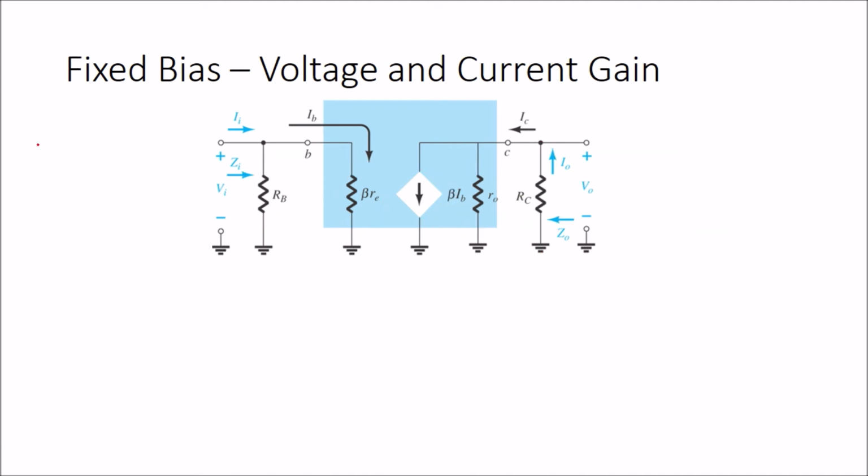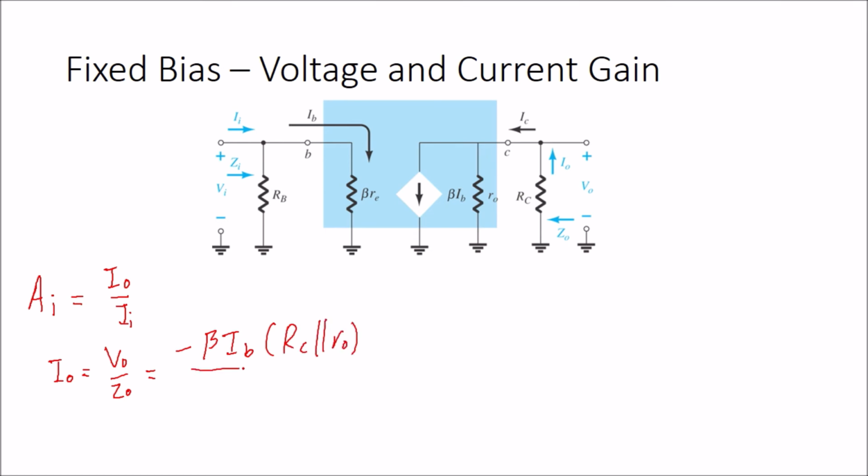Okay, for the current gain, the notation we will use is AI, and the equation is I naught over I in. For I naught, we can use Ohm's law, which is I naught equal to V naught over Z naught. V naught we calculated just now as beta IB times Z naught, which is RC parallel with R naught, and for Z naught we have RC parallel with R naught.